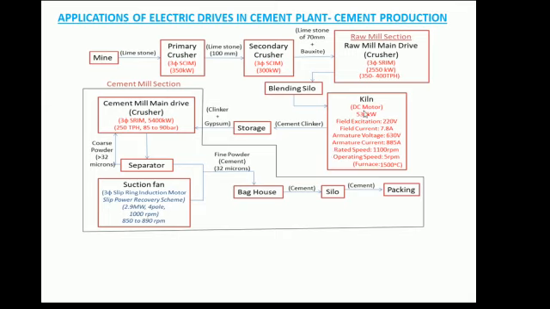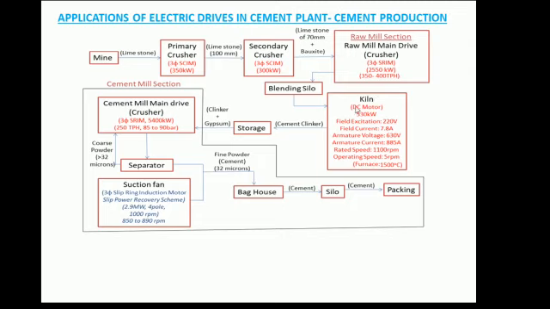Now what happens in this kiln? As I discussed earlier, this kiln is a rotating type. In order to rotate this kiln cylinder, we have a DC motor. To this kiln, we are feeding the output product of the blending silo. This output product is heated to a temperature of 1500 degrees Celsius using a furnace boiler in the kiln.